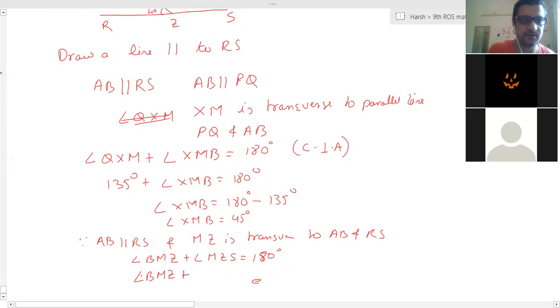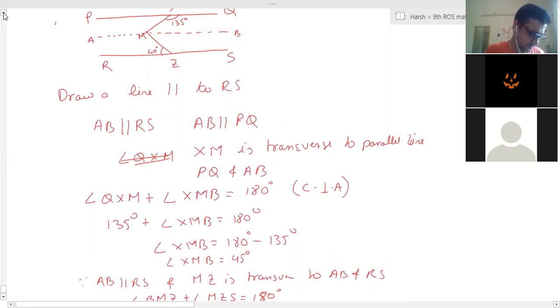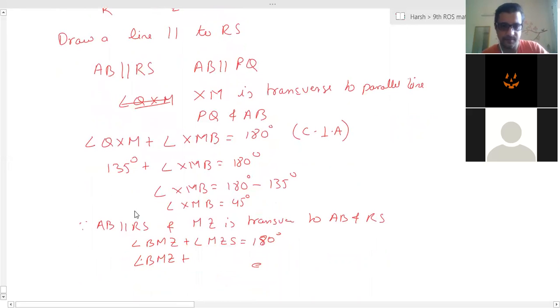Correct? Let me see the figure. MZS, we have to find it, right? So 140. That is 140, but let's write it like this.